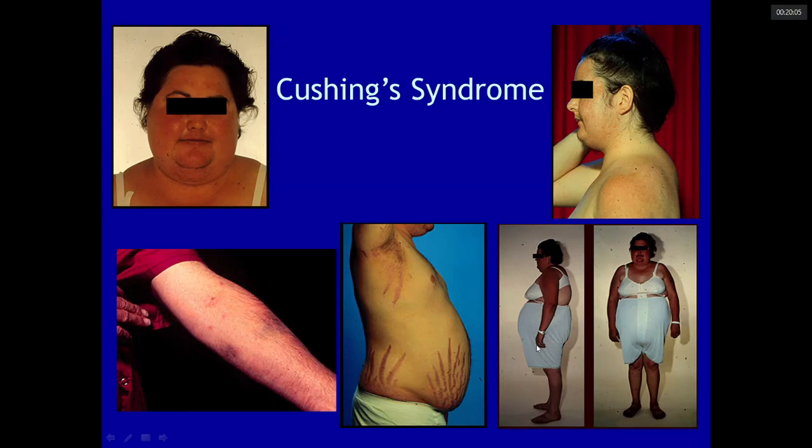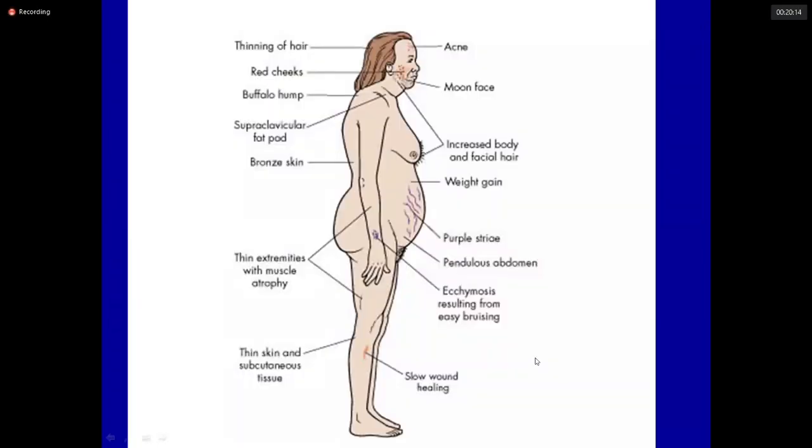The fat distribution is mainly in the trunk, while the limbs are usually thin, as you can see here in this picture. This is the same distribution, the same manifestations, and you can see as well that there will be slow wound healing, just to remember that there will be abnormal function of the skin.